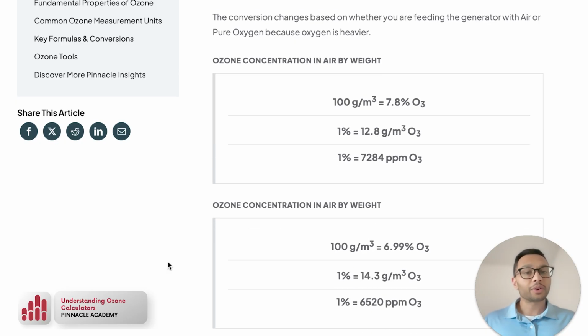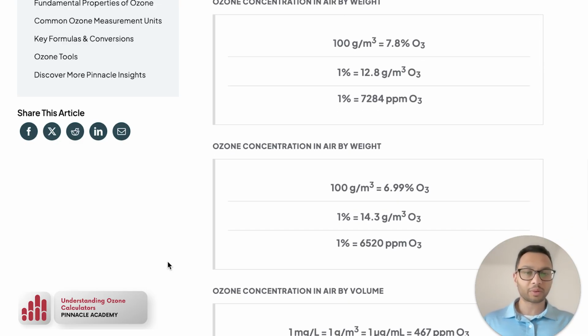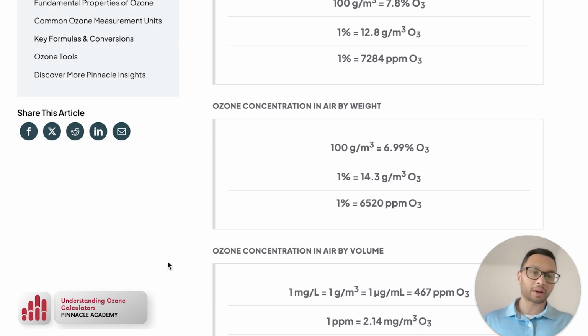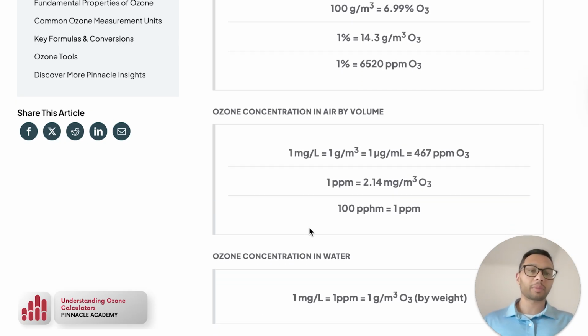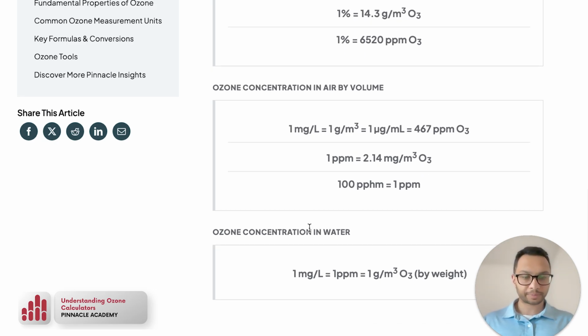The next one is your ozone concentration. So you have different numbers. One thing that is very critical to know is what is your feed gas. If your feed gas is air, you would use the top section for understanding the amount of ozone required. And if your feed gas is oxygen, you would then use the bottom section here. This basically tells you the amount of ozone that's required or the amount of ozone that's being made with that oxygen stream.